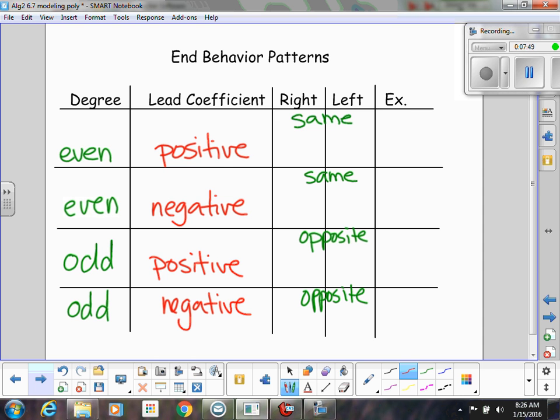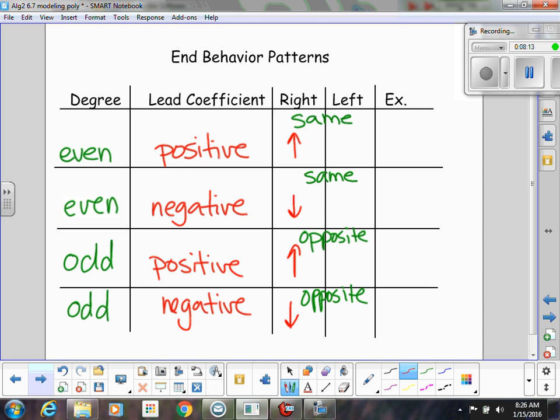Okay. And then for the odd too, we had one of them was positive and one of them was negative. Now, we said whenever the lead coefficient was negative, then the right end behavior was going downward, and whenever the lead coefficient was positive, then the right end behavior was going to go upward. So this is directly linked to the right end behavior.